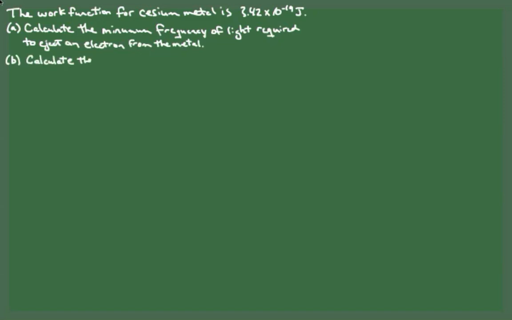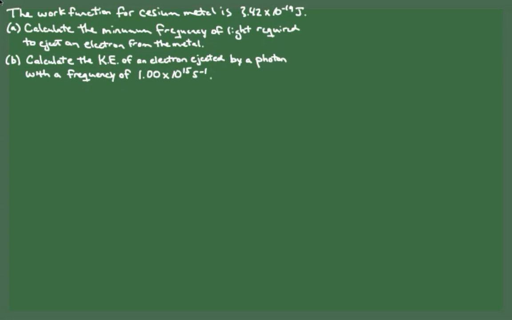And B, calculate the kinetic energy of an electron ejected by a photon with a frequency of 1.0 times 10 to the 15th hertz. So first we're going to find the minimum frequency of light required to release an electron from the metal, and then we're going to use a frequency that's a little bit higher than that, a little more energetic, and calculate how much kinetic energy an ejected electron would have if we use that one.